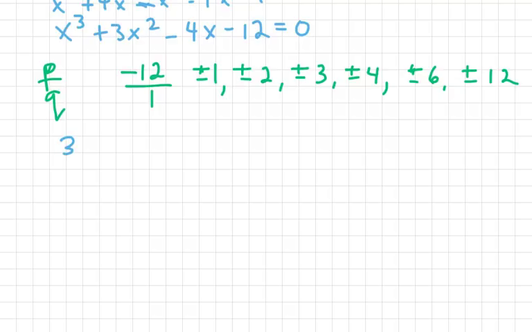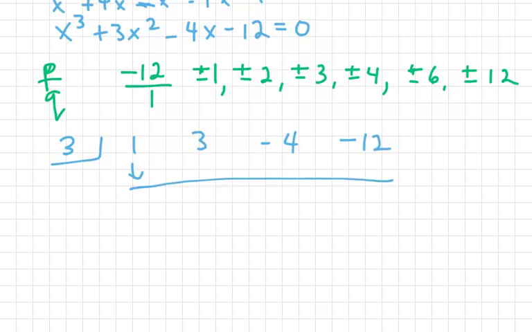So 3, and we have 1, 3, negative 4, and negative 12. We bring our 1 down, and we have 1 times 3 is 3. Oops, I did something wrong. Let me go back here.